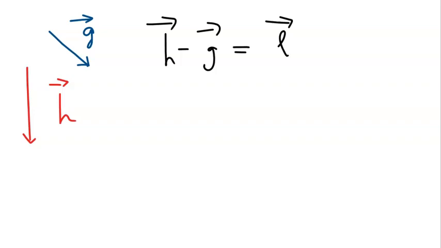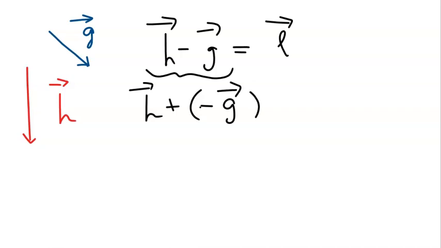So we rewrite the left-hand side of this vector equation in the form of a sum, so that we can use the method that we use for sum here, and realize the fact that if g is as shown, then minus g is a vector that is anti-parallel to the original vector g.